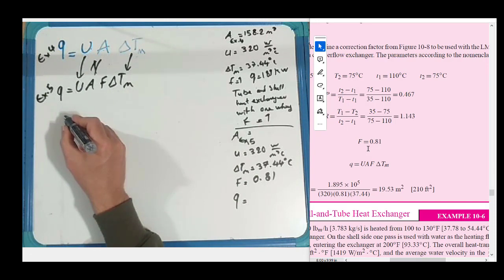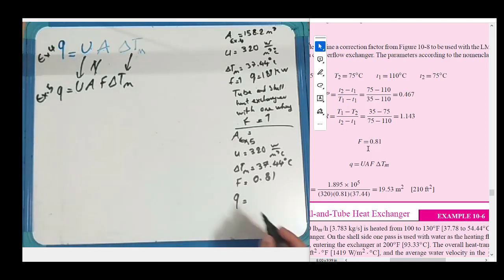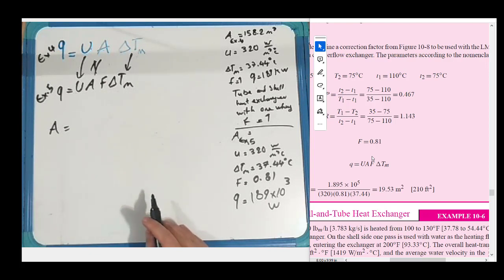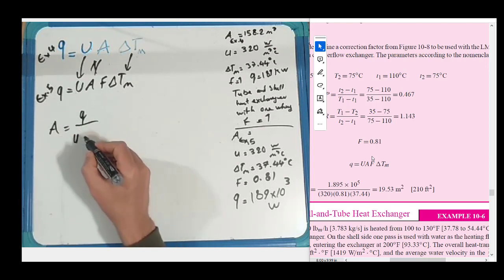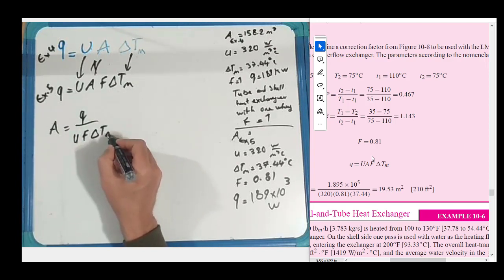So we want to have the same Q as the previous one. So our Q in example 5 would be 189 multiplied by 1000 watts. Then A should be Q divided by U, which is the same as before, F delta Tm.